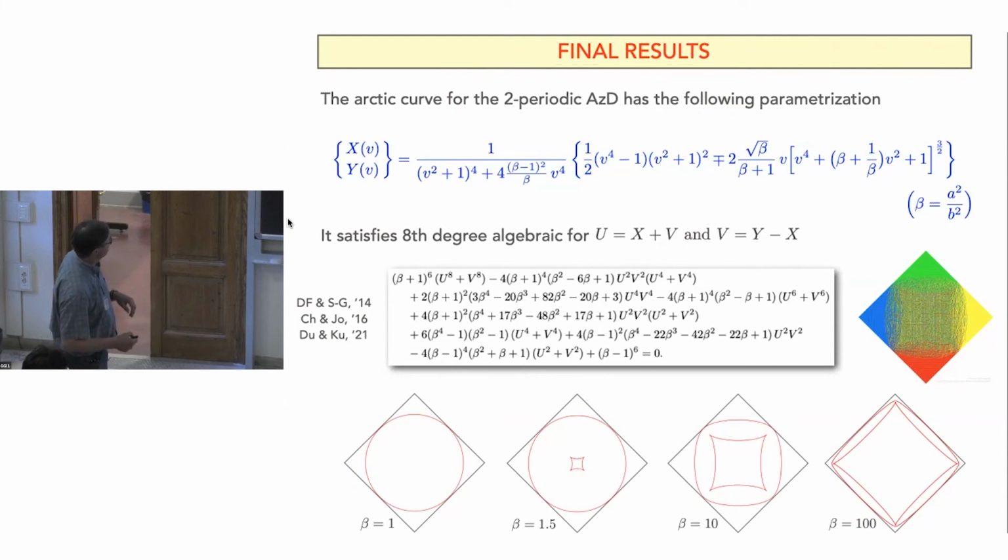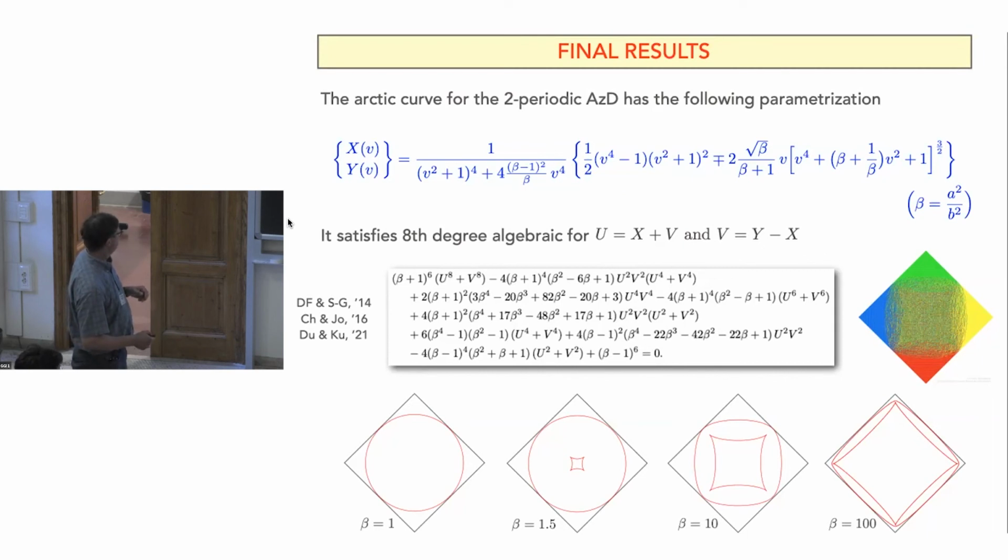We can check that the U and the V, which are the 2 natural combinations of X and Y, because the X and the Y only differ by this sign, satisfy the expected degree 8 algebraic equation.